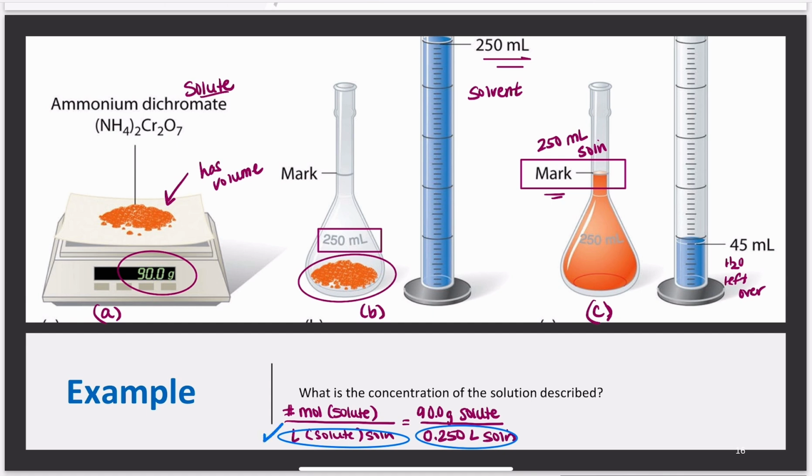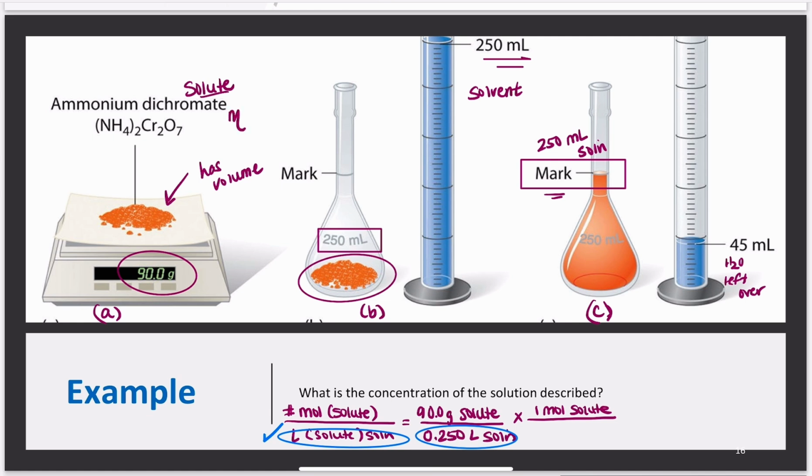I need to work on that numerator. Got 90 grams of that solute. I need moles of solute. 1 mole of solute, well, add up ammonium dichromate. Ammonium, nitrogen is 14.01, hydrogen is 1.008, chromium is 52.00, oxygen is 16.00.